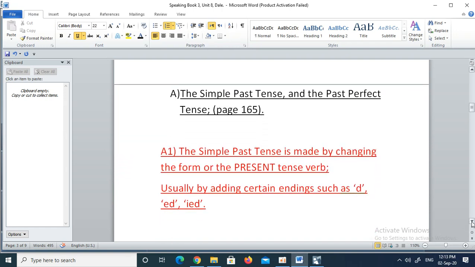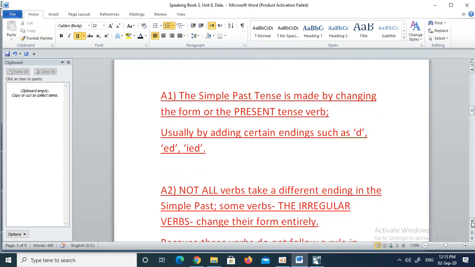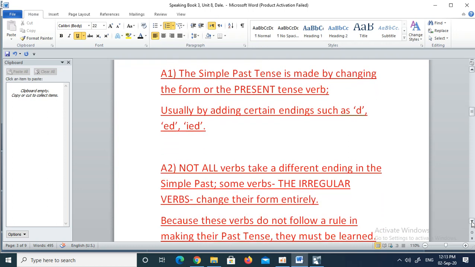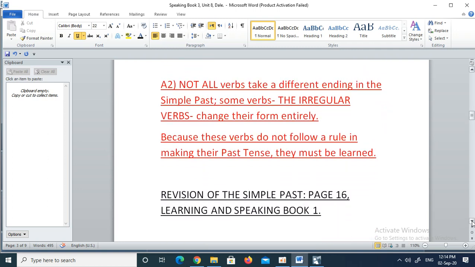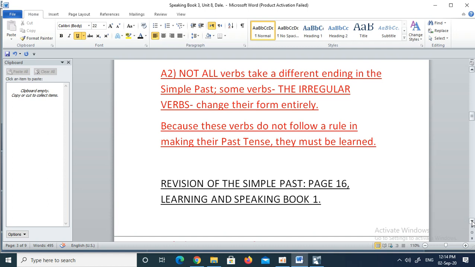Let us start with a little bit of basic revision. The simple past tense is made by changing the form of the present tense verb. And we usually change that form by adding certain endings such as D or ED. Not all verbs take a different ending in the simple past.